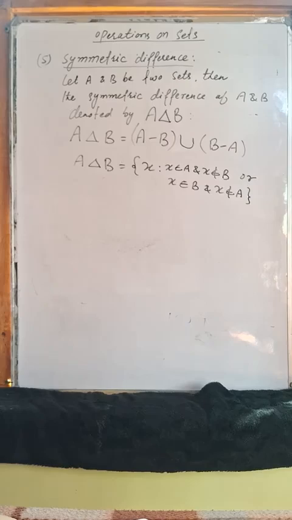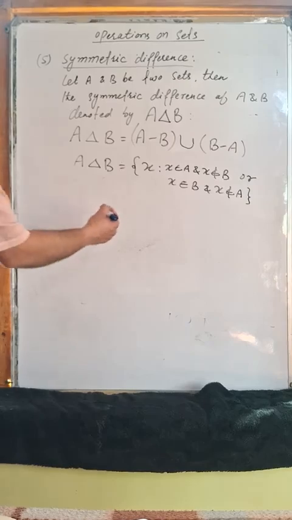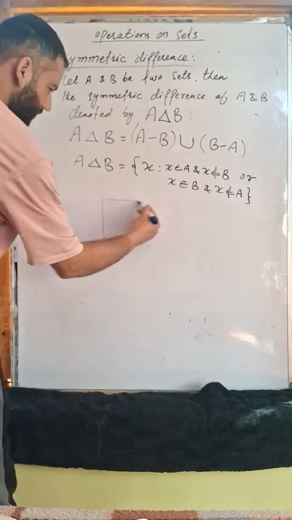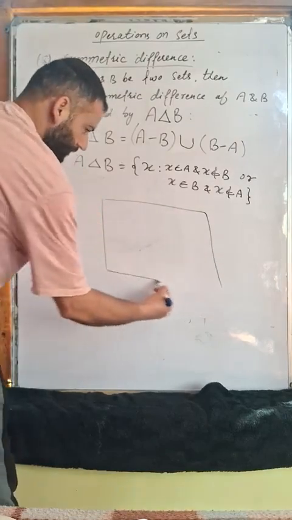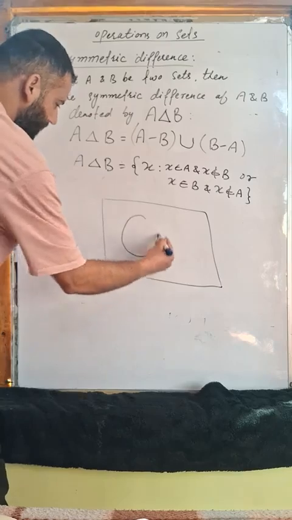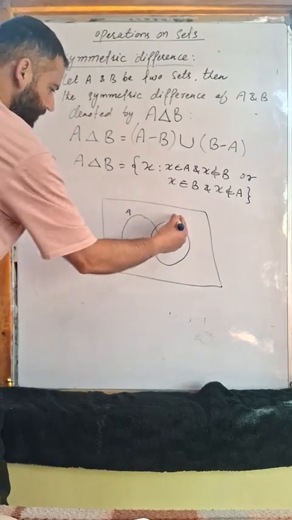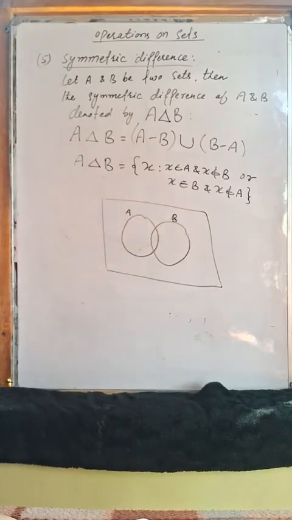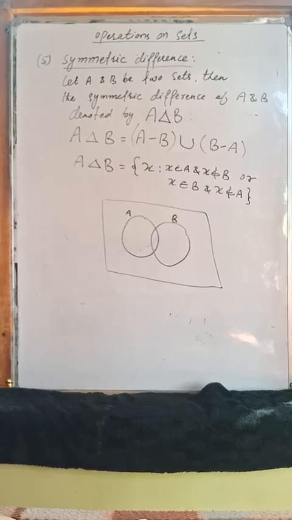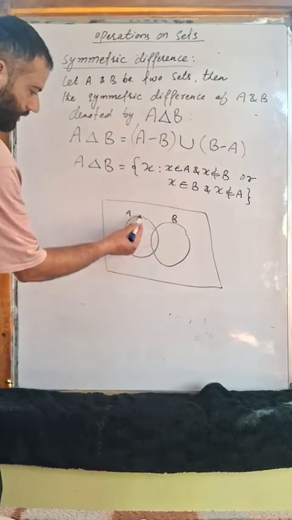Now it is shown in the Venn diagram as, suppose this is a universal set and this is set A, this is set B. Then what will be the symmetric difference of the two sets? The shaded portion, this one.